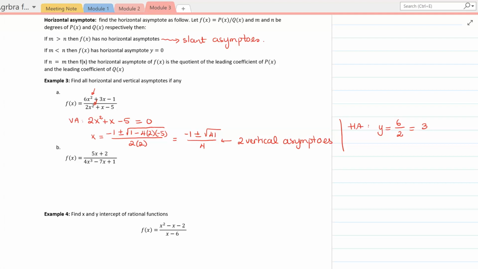The next case, the vertical asymptote. Again, we will set the denominator equal to 0. This should say 4x squared minus 7x plus 1 equals 0. Again, to solve this, I'll use the quadratic formula.